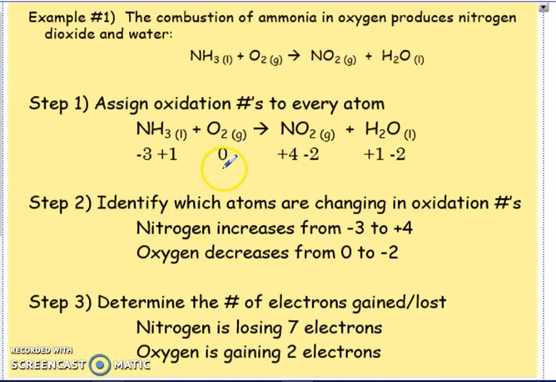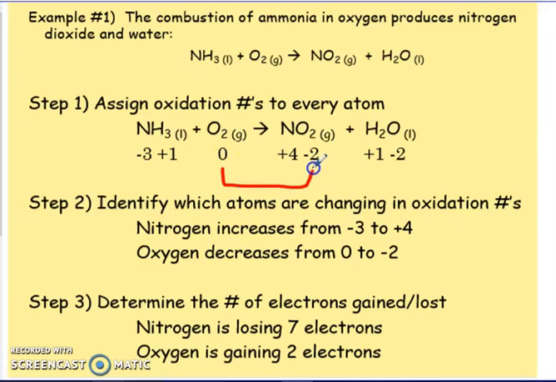Right? So what is changing here? We have oxygen that's going from 0 to -2, right? We can even look at it this one, they're the same thing. So we're going down by 2. So oxygen decreases by 2, so it's gaining 2 electrons.